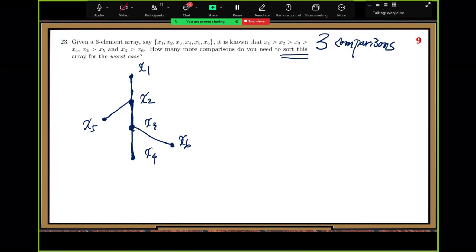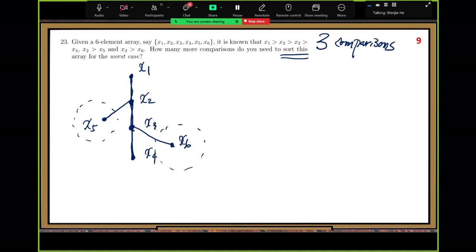The length of this ordered chain is 4. So then only 2 elements are not in order. We just put them in order, then we get sorted.